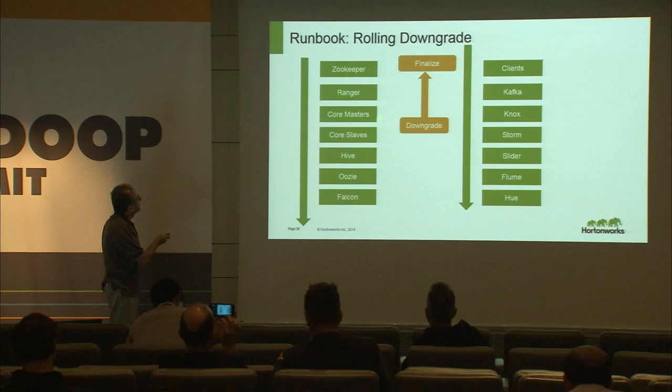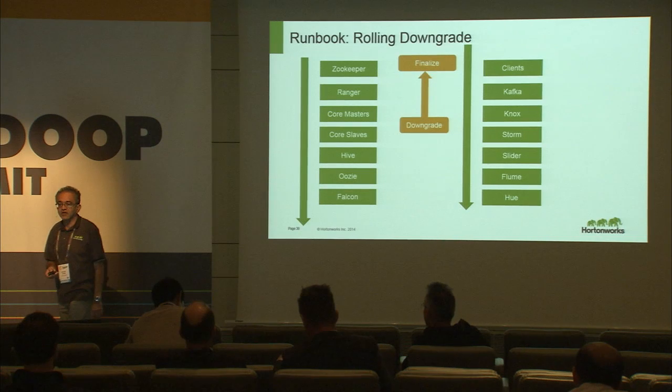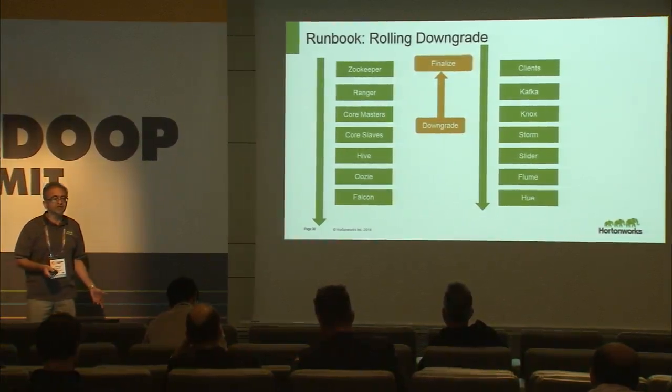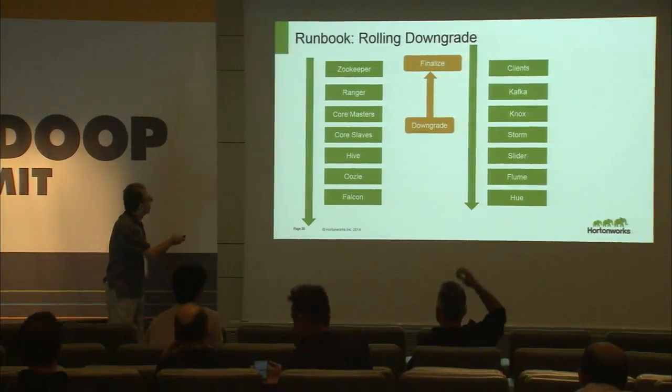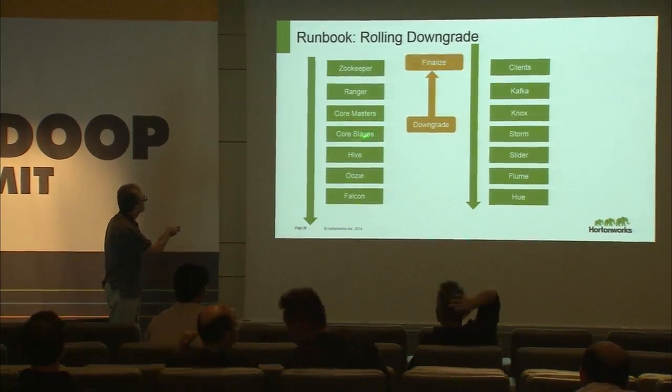An example is, in the middle of my slaves, you saw a problem, bang, you went back. Typically, you won't do that, and if there's a real serious problem where you try the downgrade and it fails, you will do what is called a rollback. The main difference between those two is that in a downgrade, while the upgrade was happening, if some applications created data, all that data will not be lost.